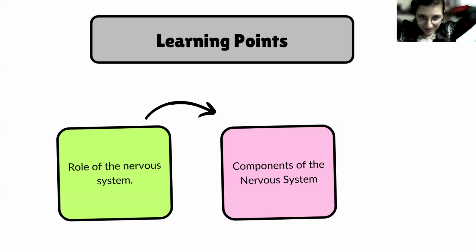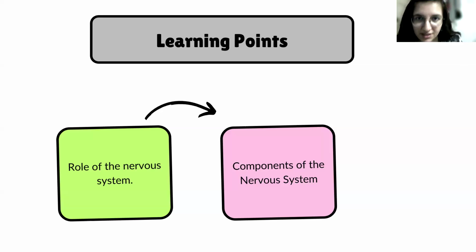The summary is that at the end of this lecture, you should be able to state what is the role of the nervous system. So you should be able to describe what the function of this system is, and you should also be able to identify the components of the nervous system, like what makes up the nervous system.